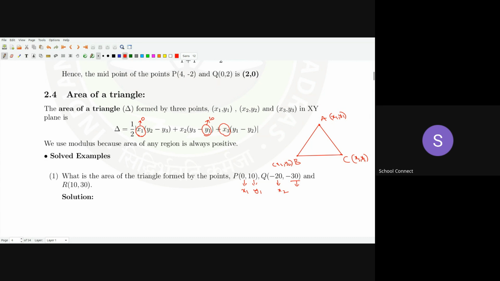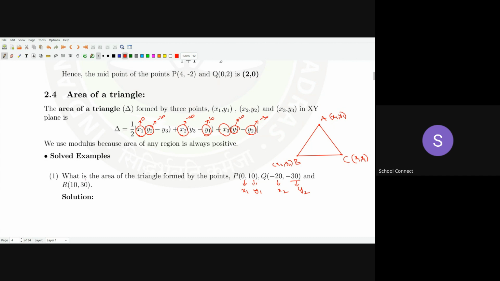So if you choose x2 as minus 20, then your y2 is minus 30. That's it. You cannot change. So you should carefully choose x2 as minus 20. Now your y2: here y1 is 10, your y2 will be minus 30. You cannot choose 30 there.